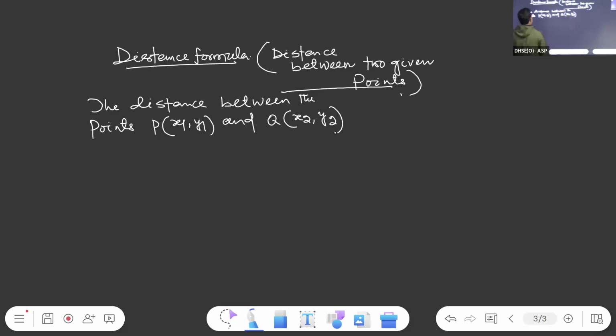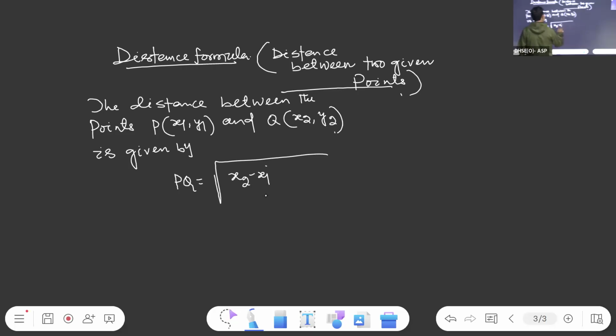The distance between the points P(x1, y1) and Q(x2, y2) is given by the distance PQ equals under root (x2 minus x1) whole square plus (y2 minus y1) whole square.